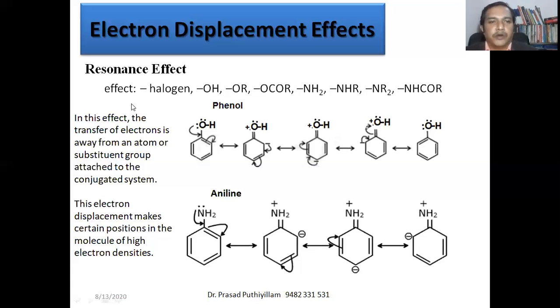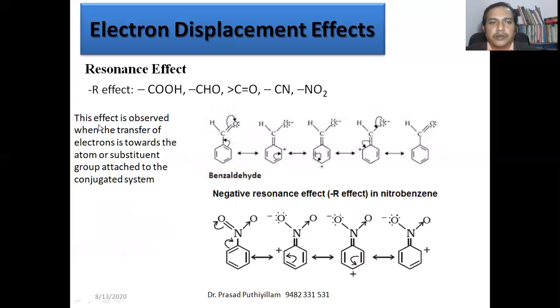Examples of atoms or groups of atoms which, when attached to a conjugated system, show plus R effect are halogen, hydroxyl group, alkoxy group, NH2, NHR group, NR2 group, and NHCOR group. So these groups can show plus R effect.